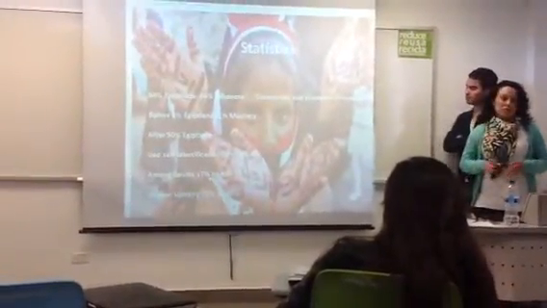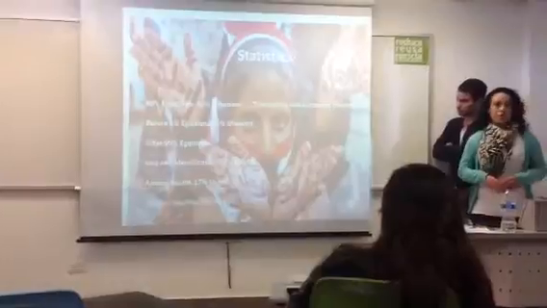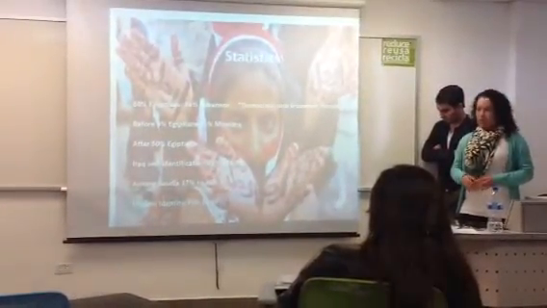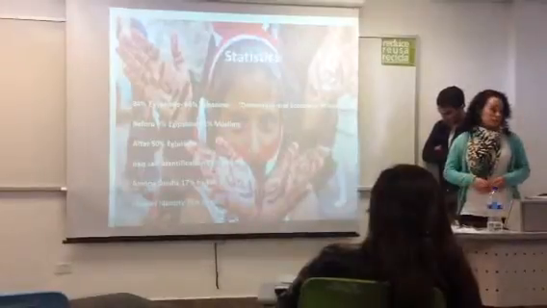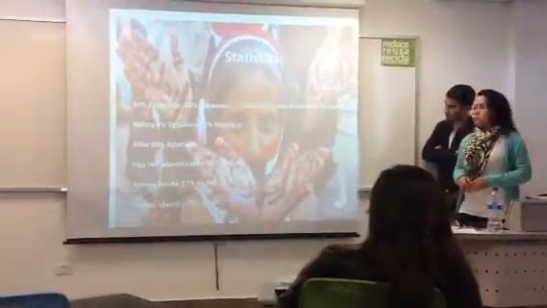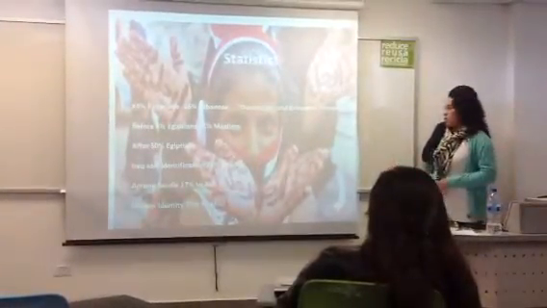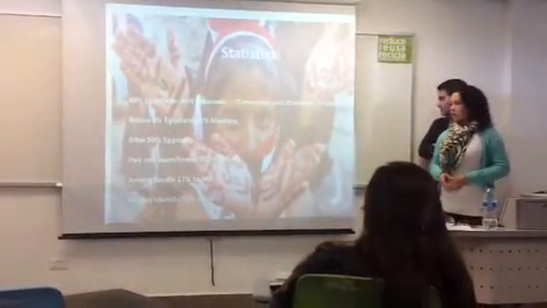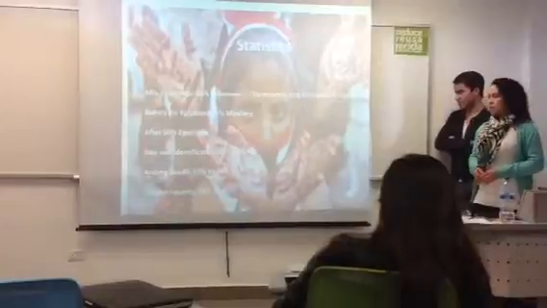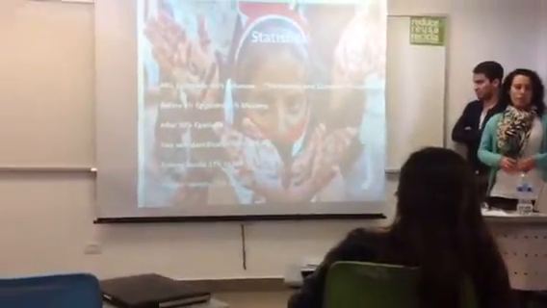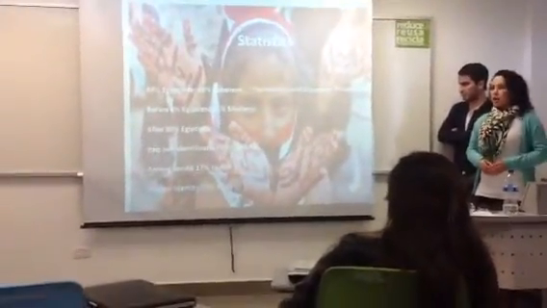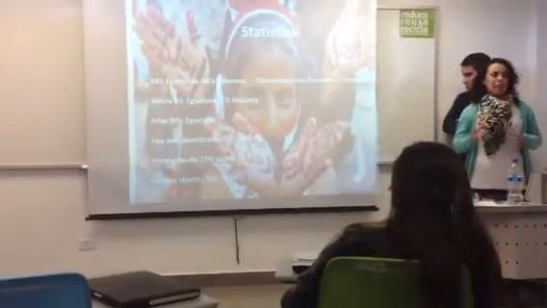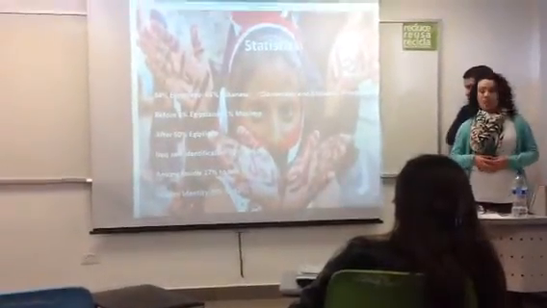Talking about some statistics, 80% of Egyptians and 66% of Lebanese regarded democracy and economic prosperity as the goal of this movement. Before the Arab Spring started, only 8% of Egyptians defined themselves as Egyptians, and 81% defined themselves as Muslims.